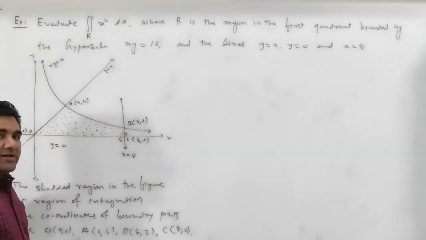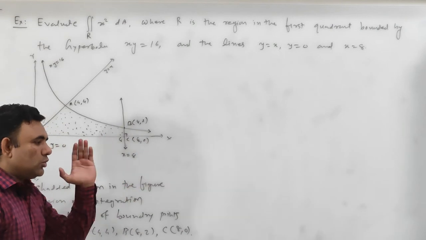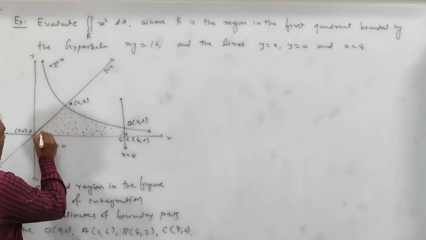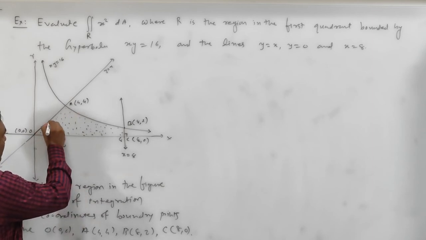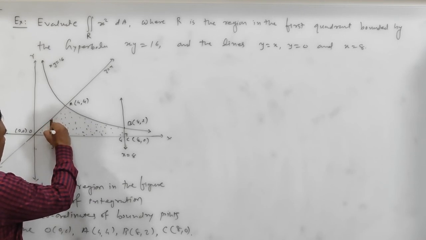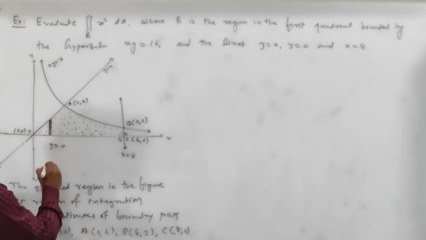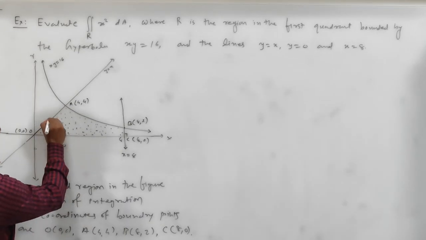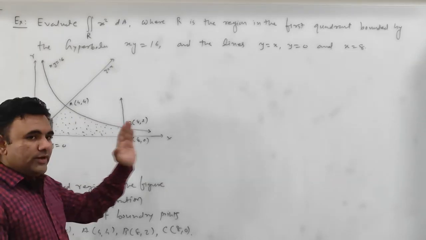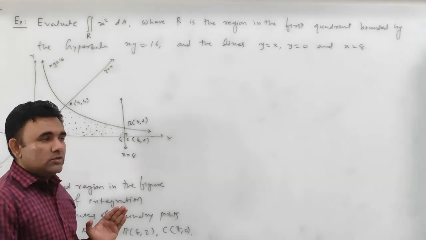To consider the limits, we have to consider either a horizontal strip or a vertical strip. If you consider a vertical strip, say PQ, then I have to move it horizontally from O to C to cover this region.